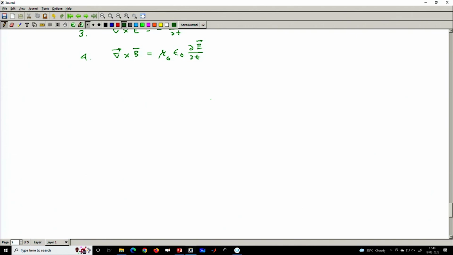Now, Maxwell's equations with source term.